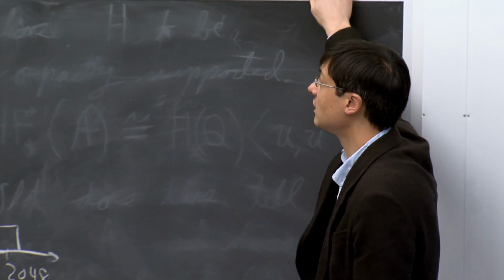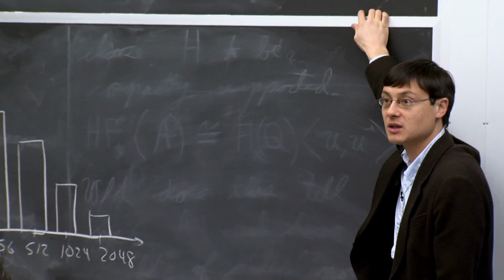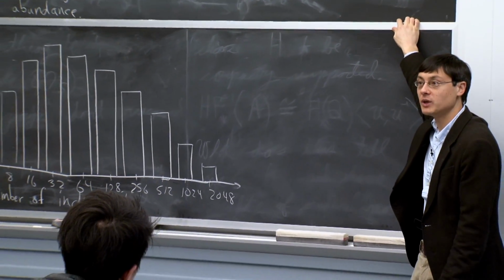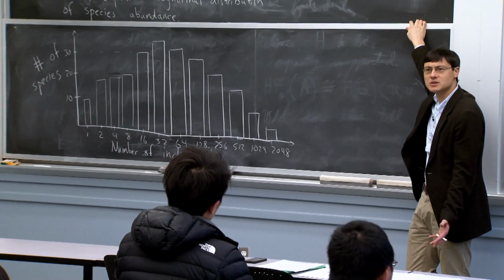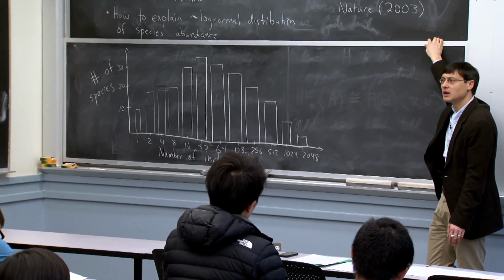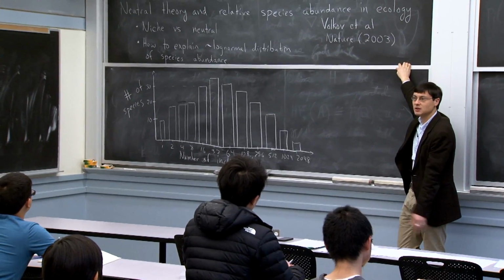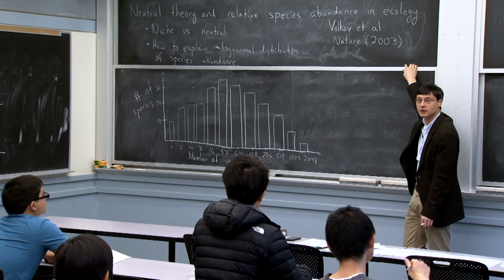But I think it's an area that a number of physicists have been involved in over the last 10 years, and it's fascinating because it gets to the heart of what we are looking for from a theory, and what kind of evidence we use to support or refute a theory. There are a lot of very basic issues about science that come up when we start thinking about this question of neutral theory in ecology.